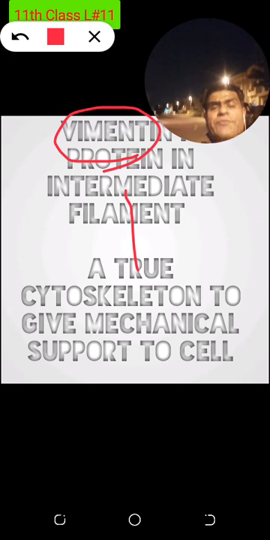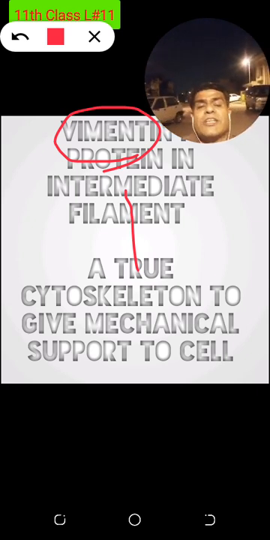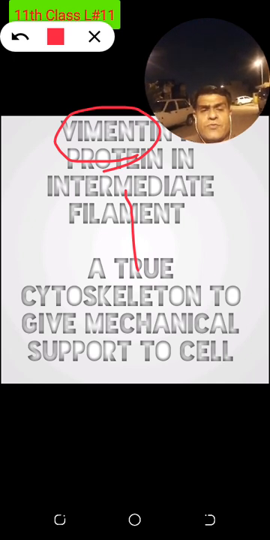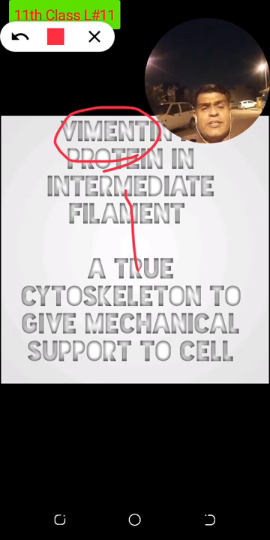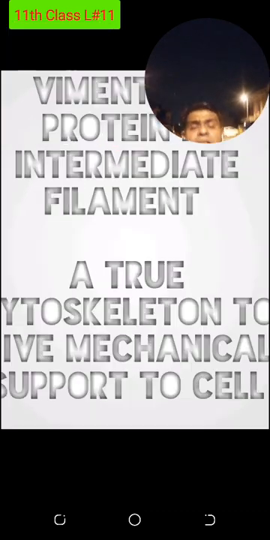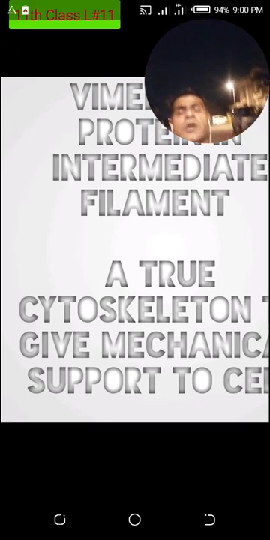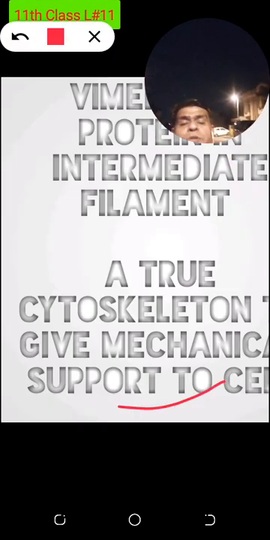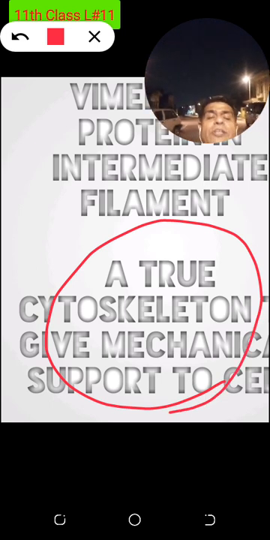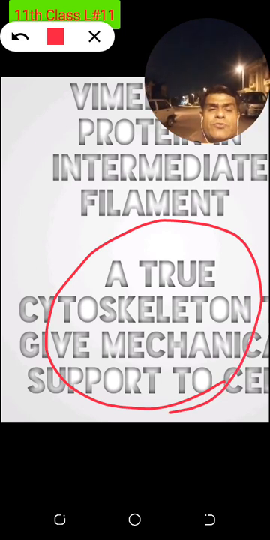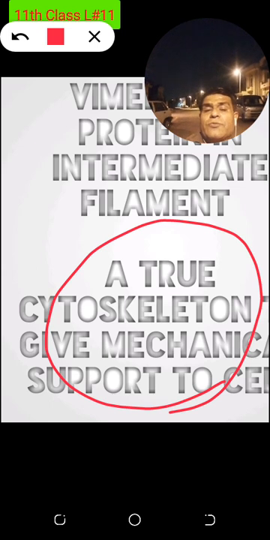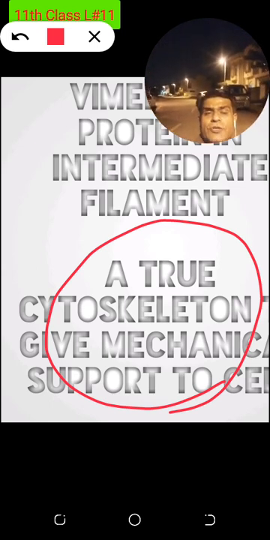If you are questioning, sir, which type of cytoskeleton is the exact right definition of cytoskeleton, because the meaning of cytoskeleton is to provide strength to the cell, I will tell you, it is this one. The intermediate filament with vimentin protein is giving mechanical strength, the true cytoskeleton. The other cytoskeletons, microtubules and microfilaments, are doing some additional functions.